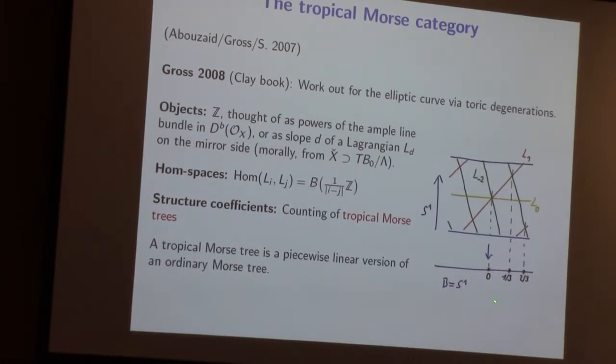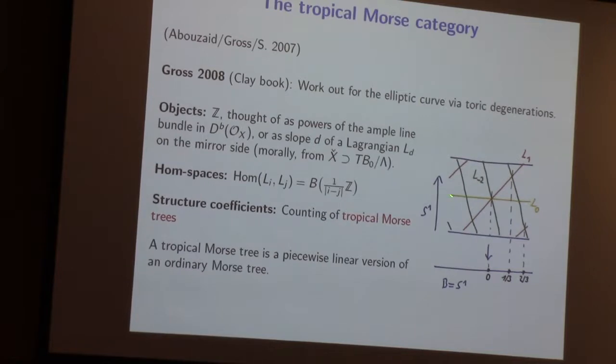We will work on the elliptic curve, so the base would be an S1. You take here the tangent bundle of S1 as an integral affine manifold, and divide out the integral lattice. It becomes an S1 bundle, and then you have canonical Lagrangian, I mean, it's really not Lagrangian, but let's call them Lagrangian sections, canonical sections of a certain slope.